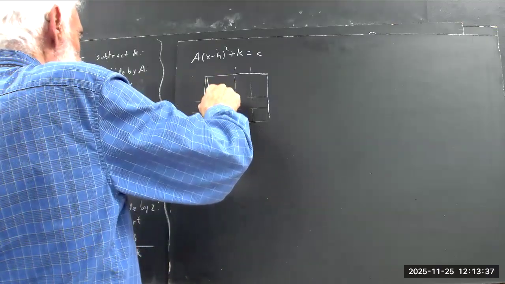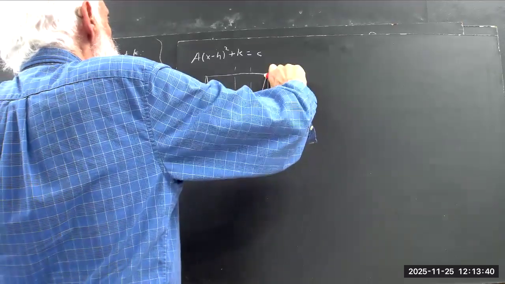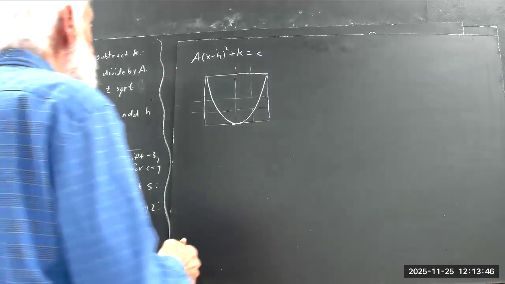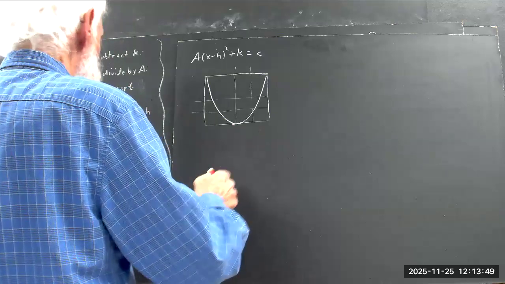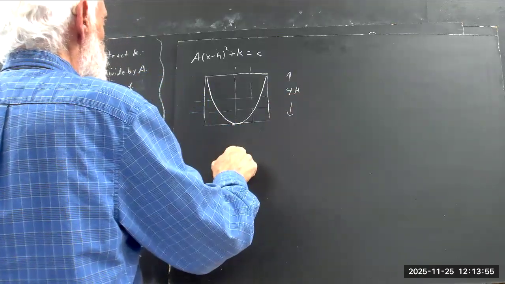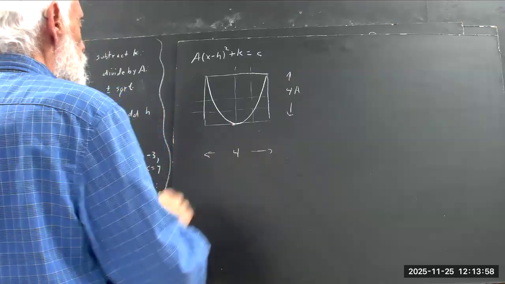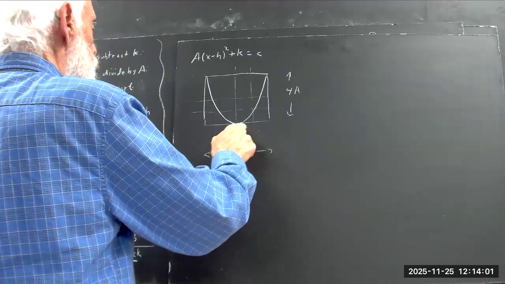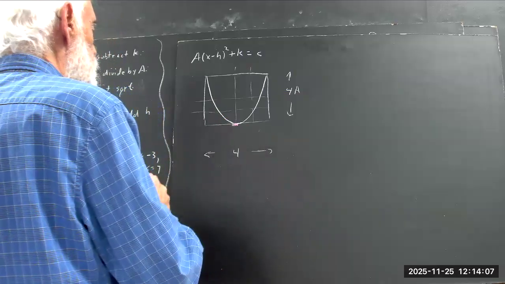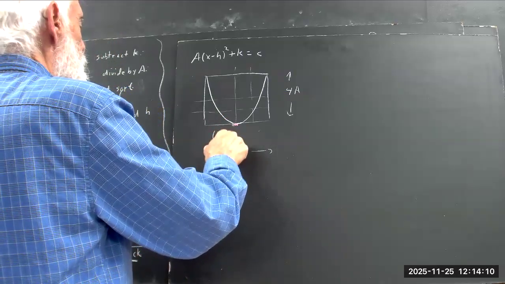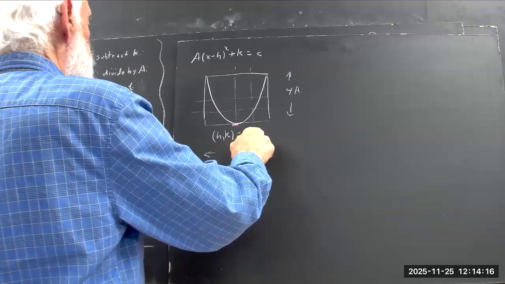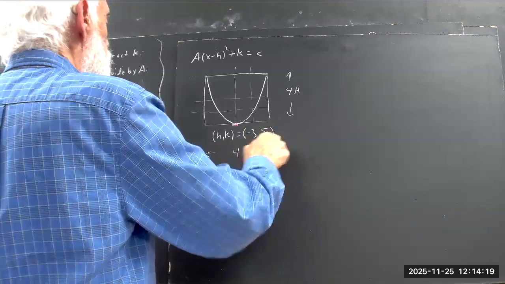Just going to say that the graph looks something very much like this, where this dimension here is 4a. This dimension here is 4. And the red dot, which I ran a little closer to the middle, is at (h, k) equals (-3, 5).